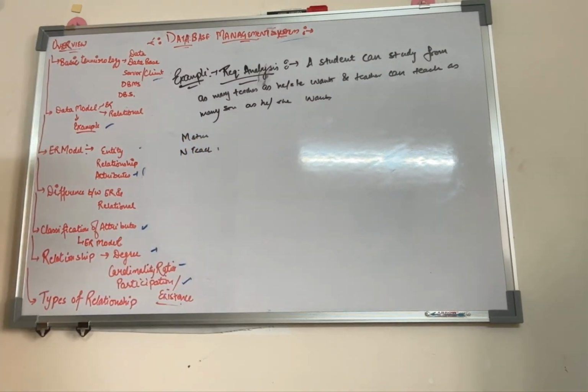Now I want you to tell me what is the degree of this relationship, what is the cardinality ratio, and what kind of participation we can have.